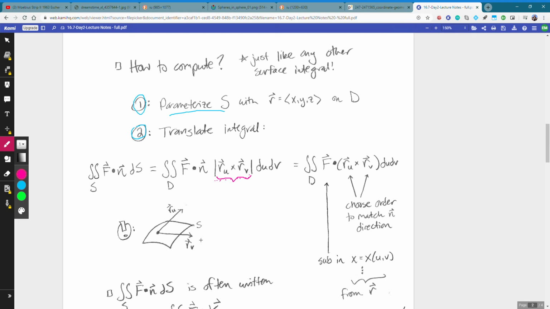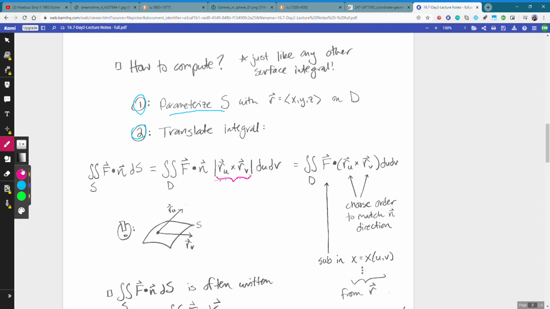Well, if we have two tangent vectors to our surface, then we have a clean way, I claim, of finding an orthogonal vector to our surface at this point.